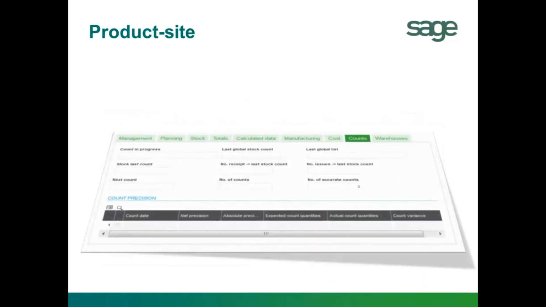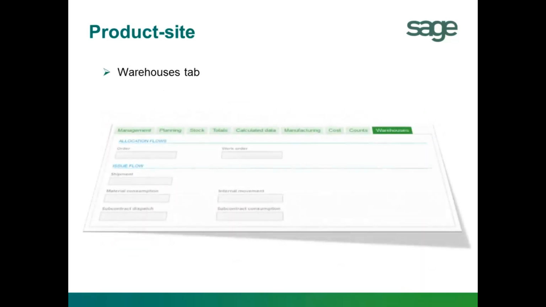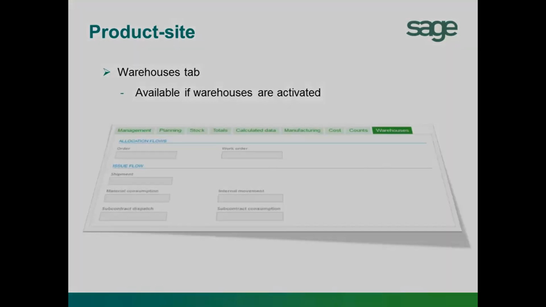On the Counts tab, you can view information regarding physical counts performed, such as whether a count is currently in process, the last global stock count, the number of counts, and the number of accurate counts. Now, on the Warehouse tab, this is only available if warehouses are activated for a site, and then you define the default warehouse allocation and issue flows.